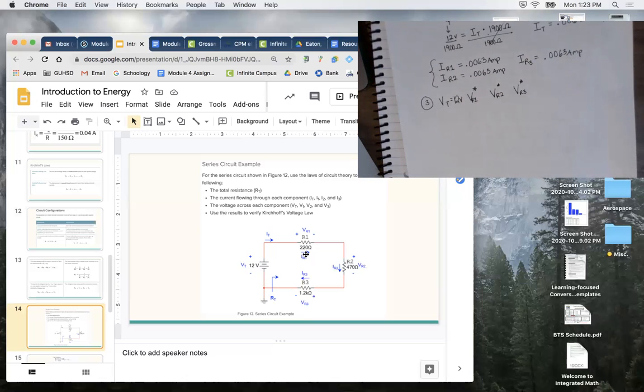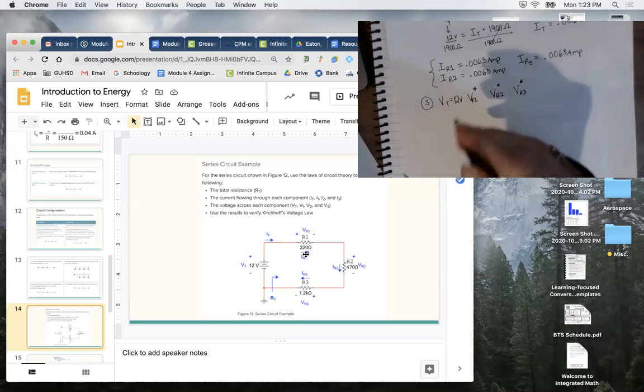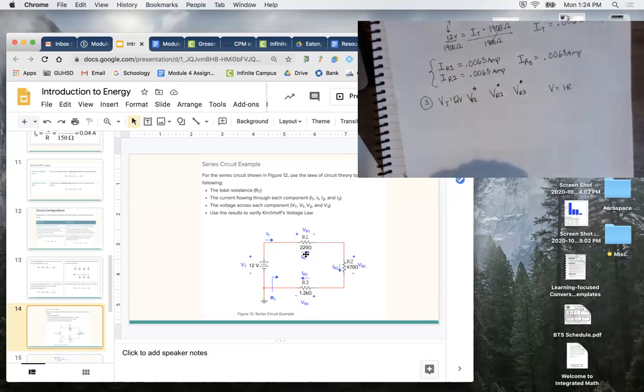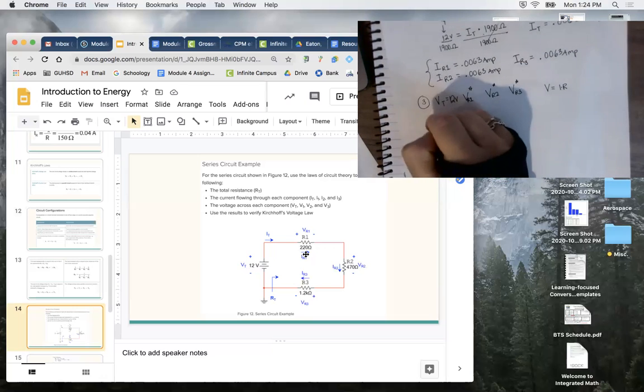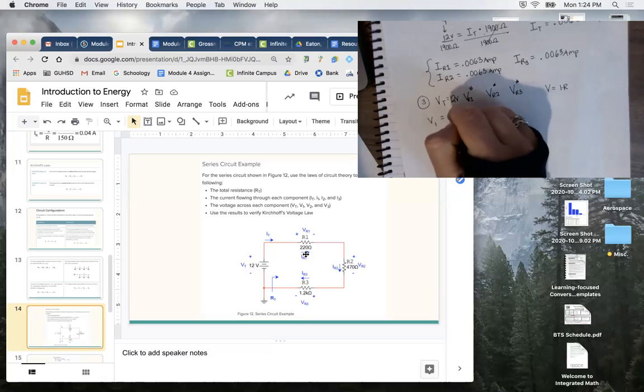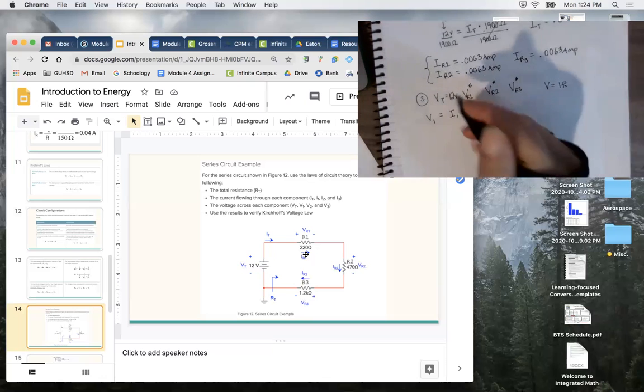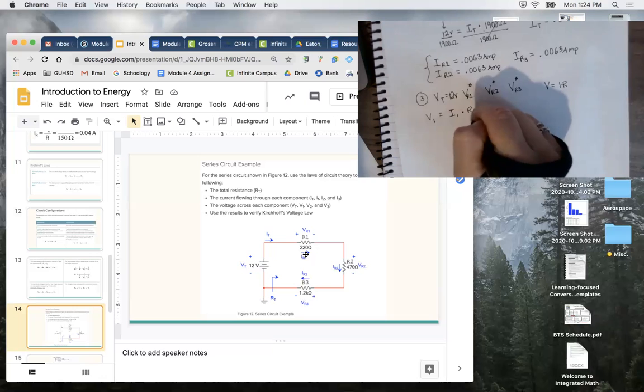But in this one, if I know Ohm's law, I know now V is equal to I times R. Then I know that the voltage at 1 is equal to the current at 1 times the resistance at 1.